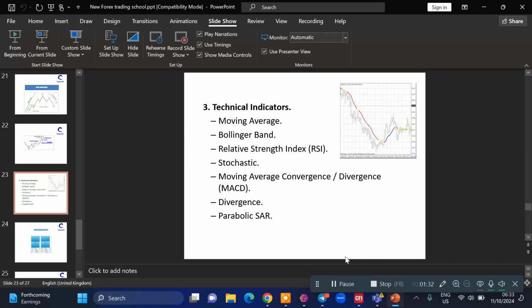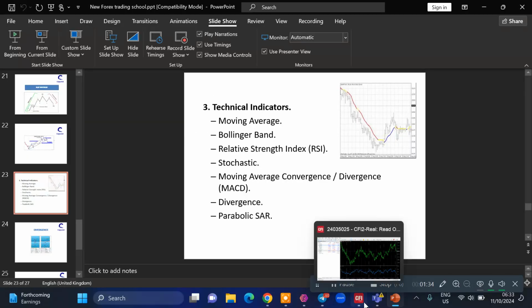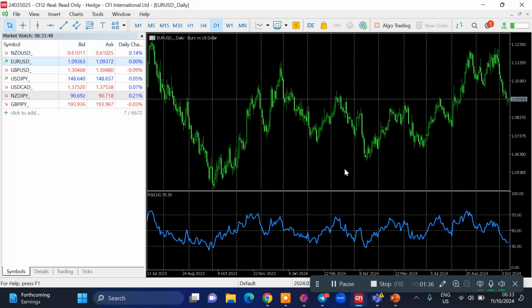Let's take a quick look at some of the popular technical indicators. Here you have the relative strength index. This is called an oscillator. There are trend indicators and there are oscillators. The reason they are called oscillators is because they oscillate between 0 and 100.